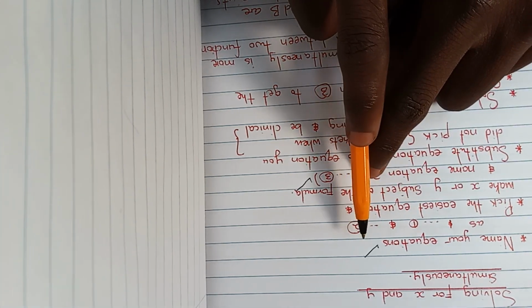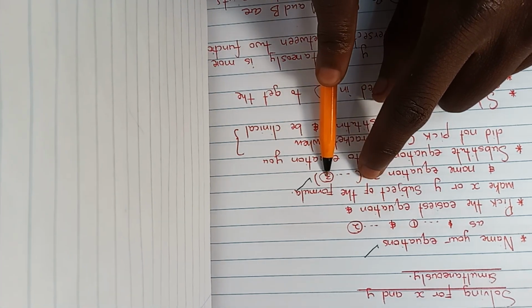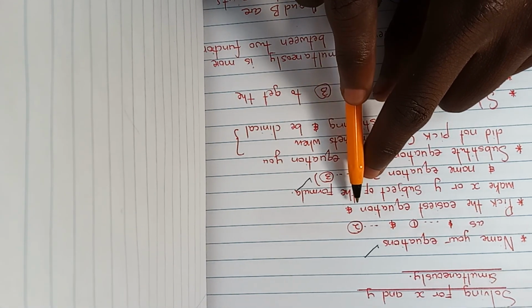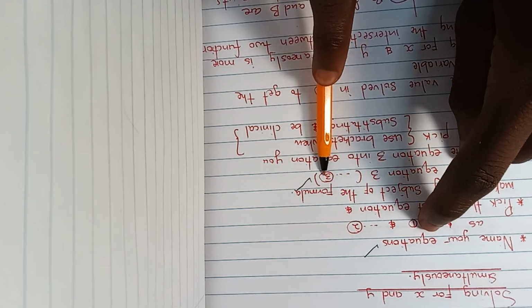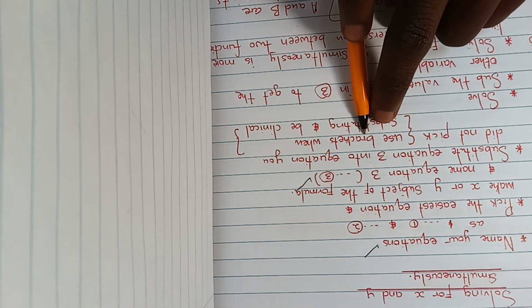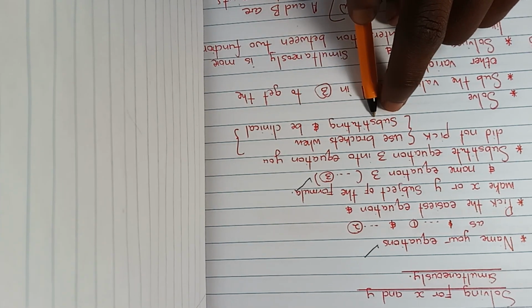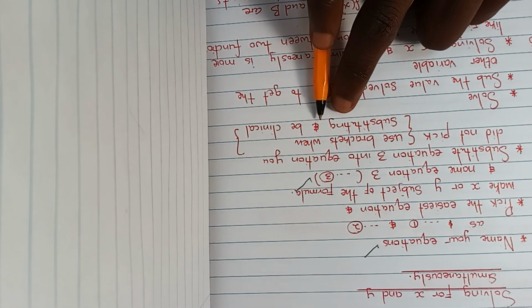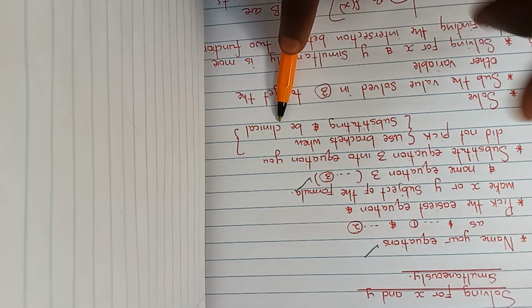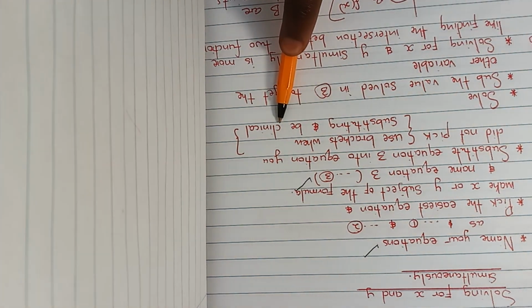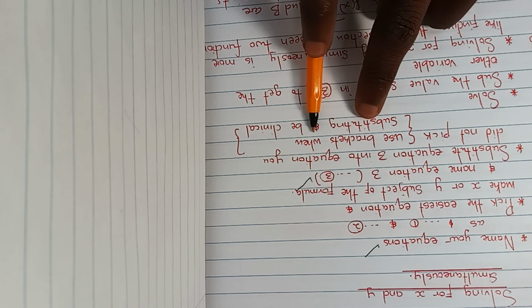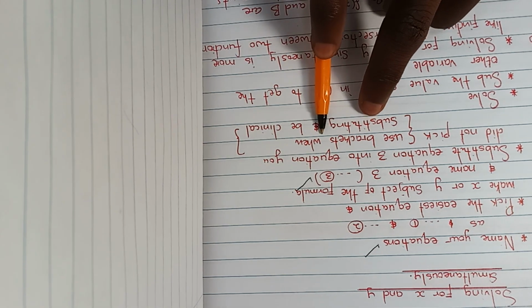Now let's say you pick equation 2 to create equation 3. That will mean you are going to substitute equation 3 into equation 1. Simple. And now the hint is use brackets when you substitute and be clinical with your simplification. I'm going to show you how to do this.